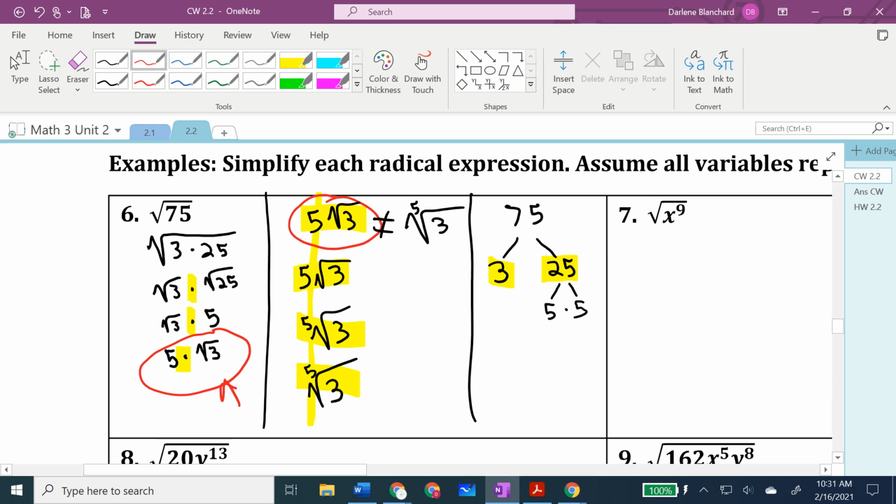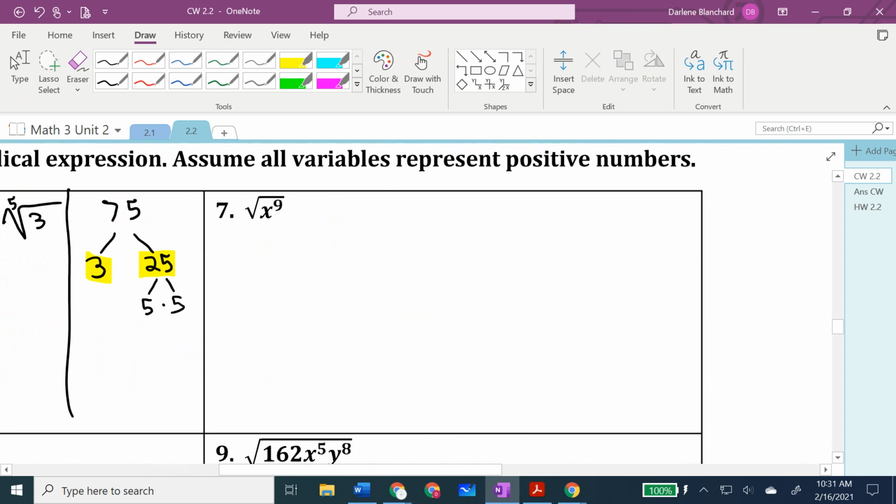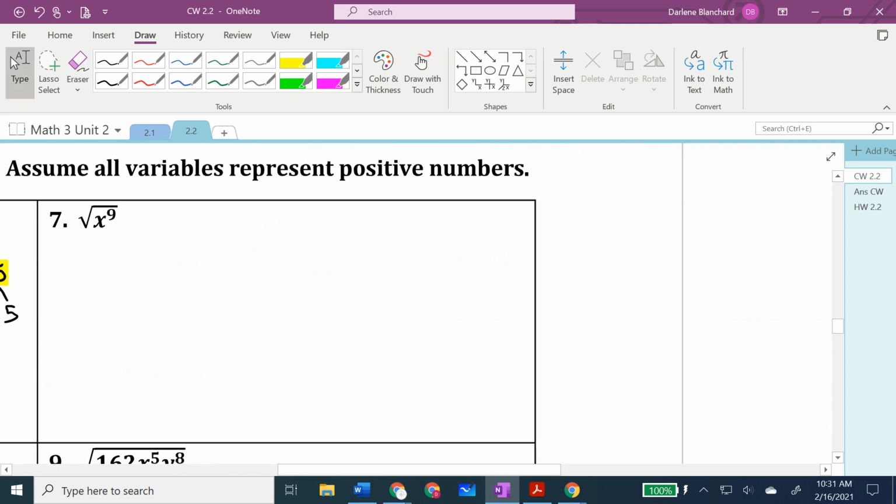Okay, now x to the 9th power. One way of looking at it is the index is the number 2. So you're really looking at how many x squareds do you have. X to the 9th is x squared times another x squared times another x squared.